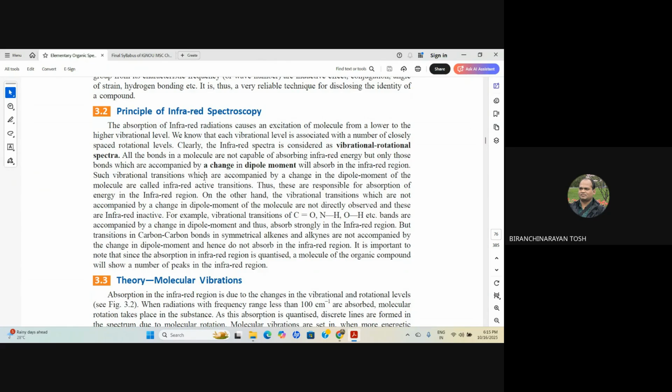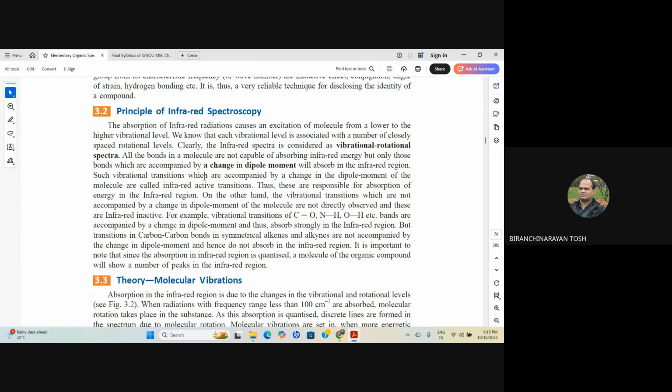All the bonds in a molecule are not capable of absorbing infrared energy. Just remember this one. Here the vibration takes place. That means the bond between two atoms in a molecule will vibrate, that is, each constituent atom will vibrate with respect to one another.